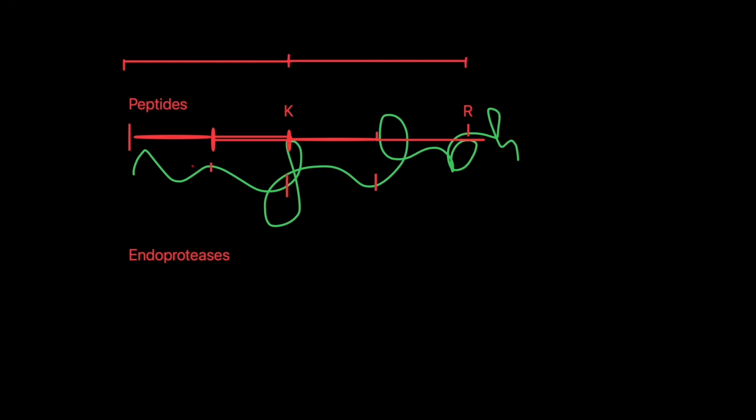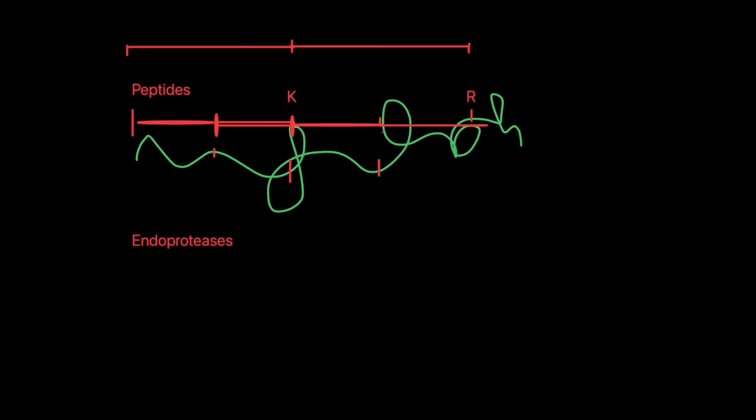So we then have two pieces of this protein. It does this using the protease, these proteins that cut up other proteins, but this one is very specific. It cuts only at very specific areas.